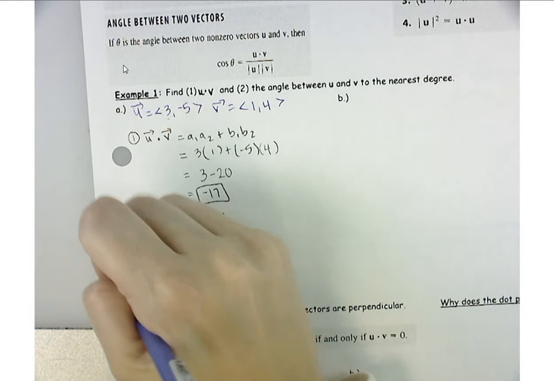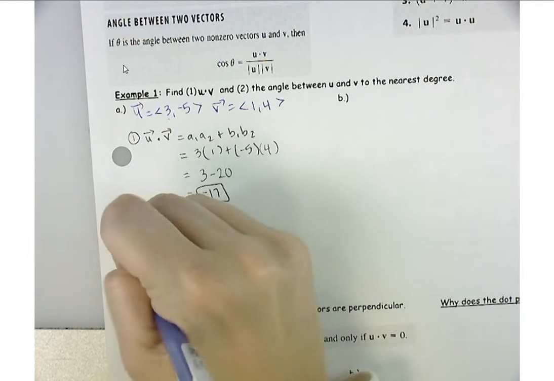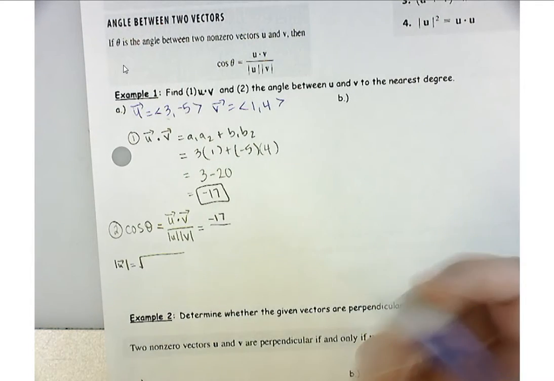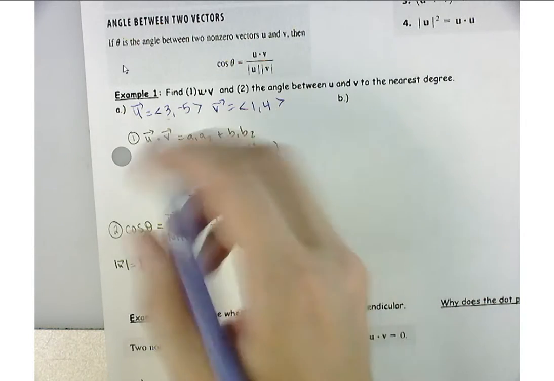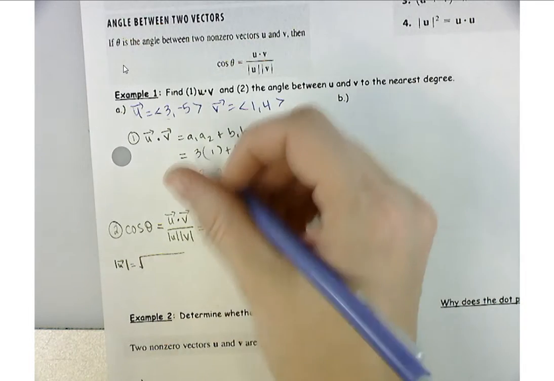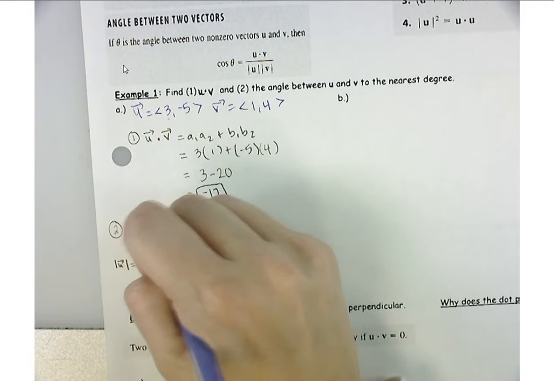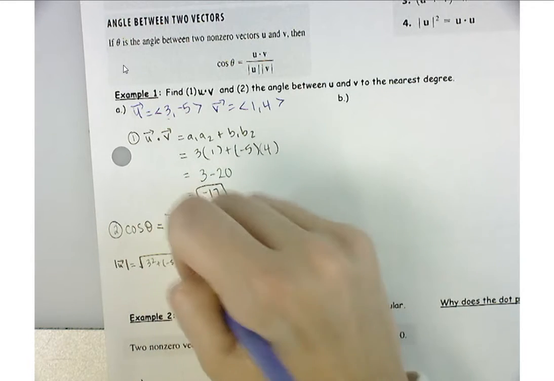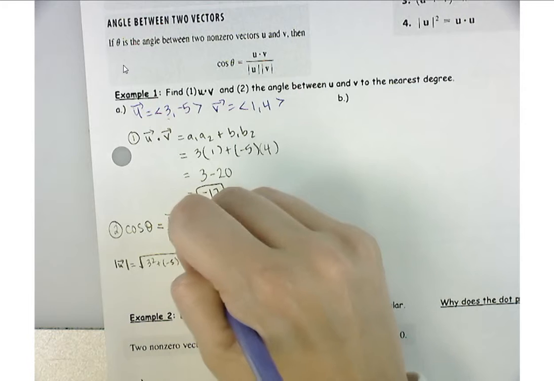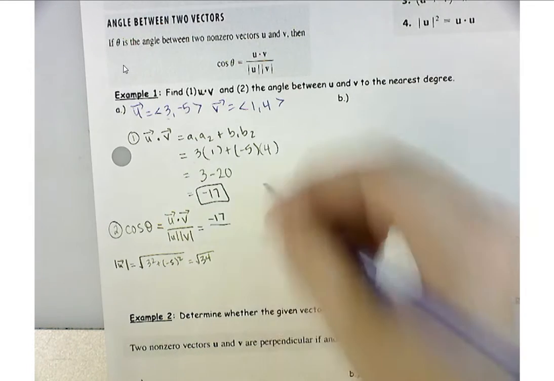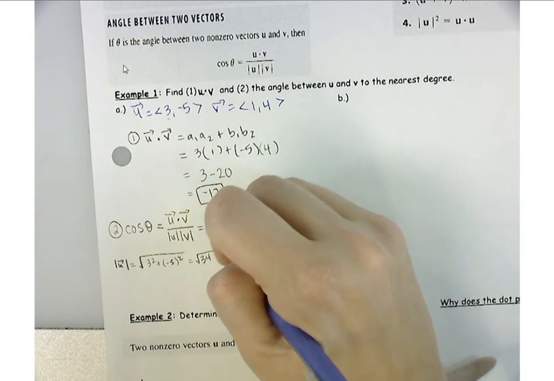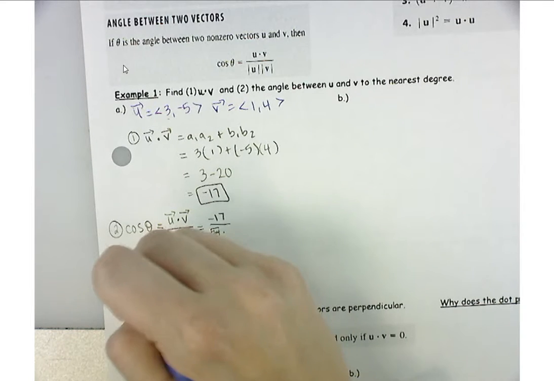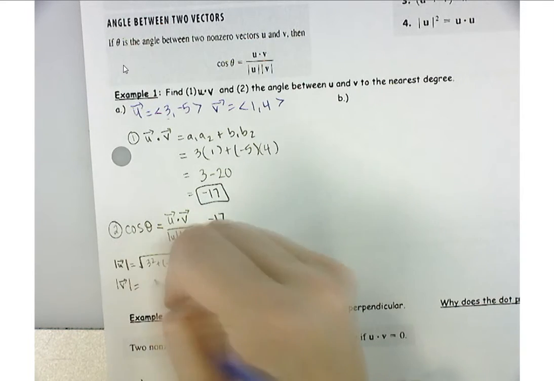What I'm going to do is find the magnitude of u, which is the square root of a squared plus b squared. So 3 squared plus negative 5 squared, which is 9 plus 25, root 34. And then I'm going to find the magnitude for v.